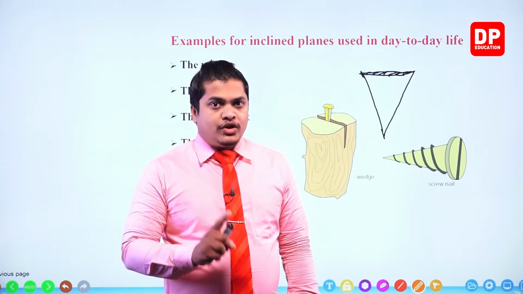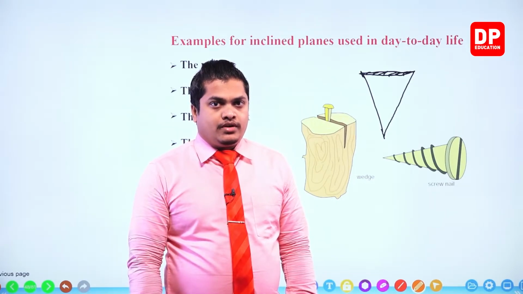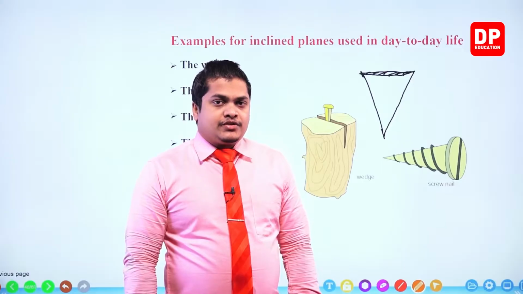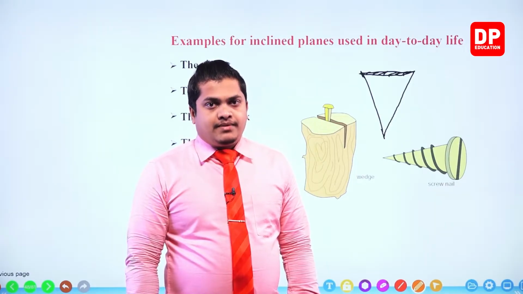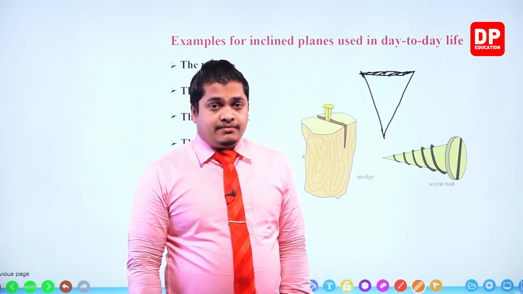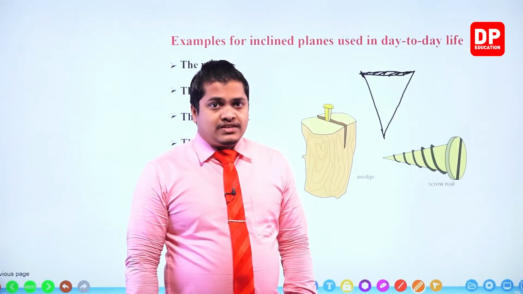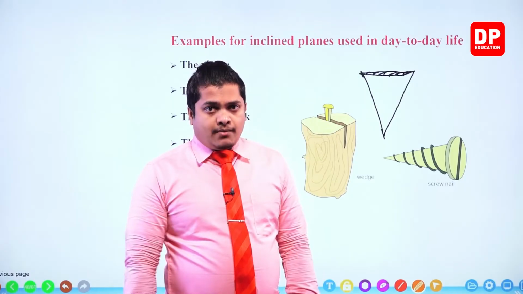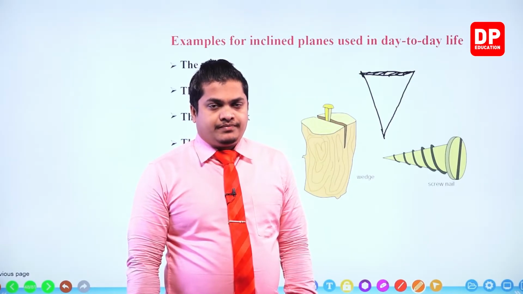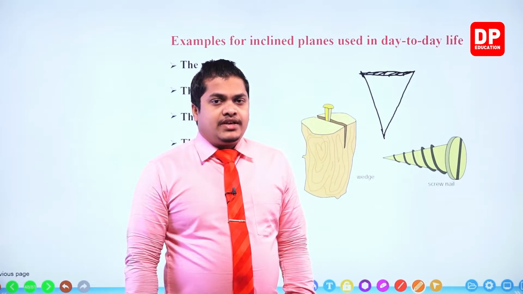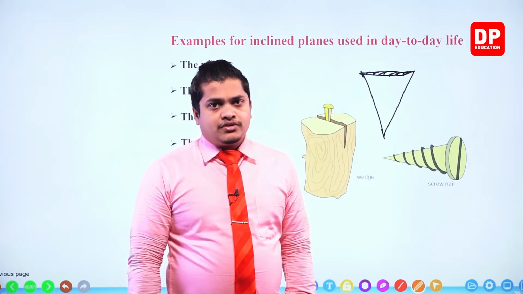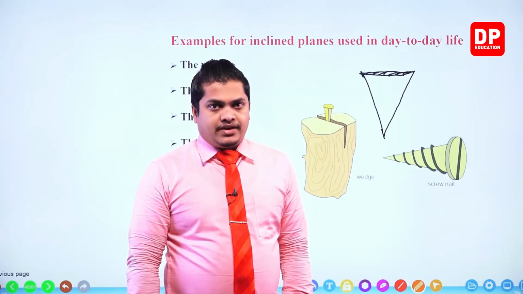So I have shown you how the inclined plane works. These are the examples for the inclined plane. Inclined planes help us move a certain object vertically upward to a different location. Now let's head on to see calculations regarding these inclined planes, my dear children.